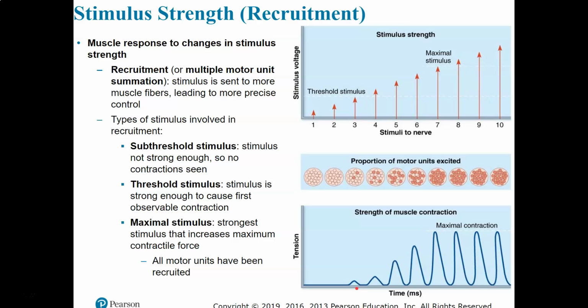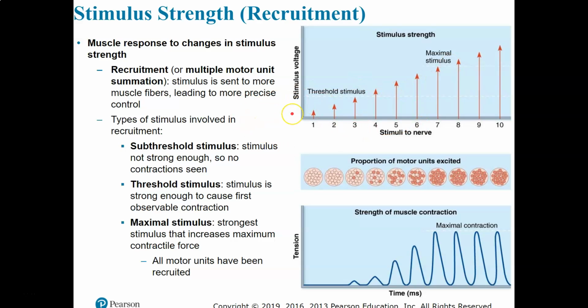If we increase the strength of the stimulus, eventually we reach maximal stimulus, where we have recruited all of the motor units, so all of the muscle fibers are contracting, and we have reached the greatest amount of tension that we can generate. Increasing the stimulus past this point doesn't increase the strength of contraction because we've already recruited all the muscle fibers.